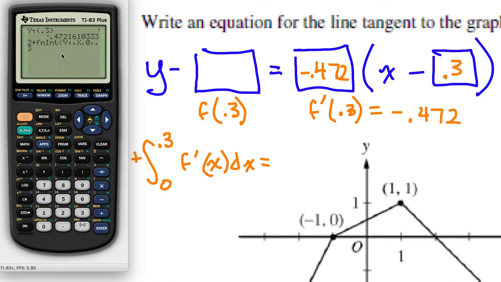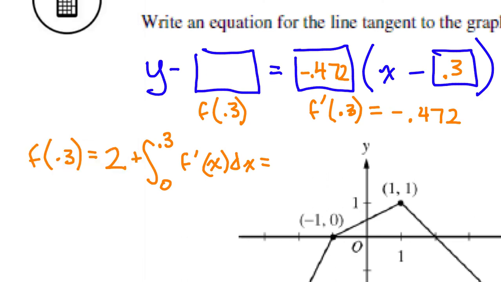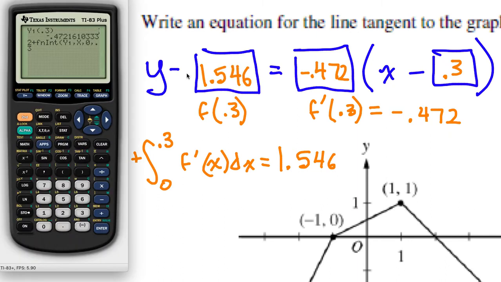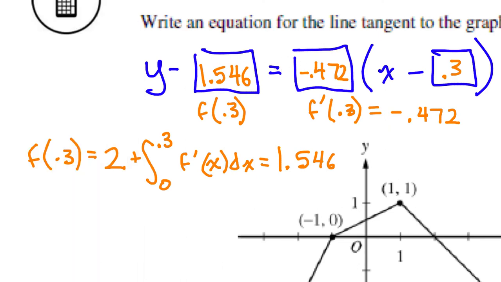Go calculator, go. Oh wow, it's taking a while. Let's just go off of last year's key, which is 1.546. And did it catch up to us? Still working on it, but that should be the answer. I'm going to move on to number 5 while we're waiting for that guy.